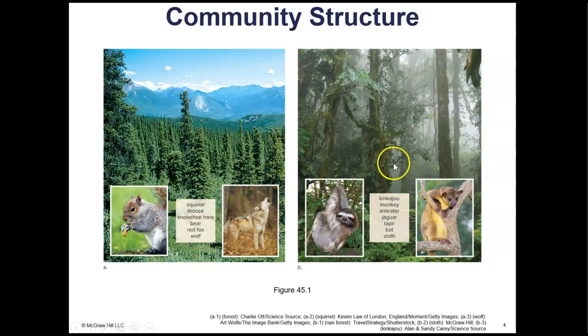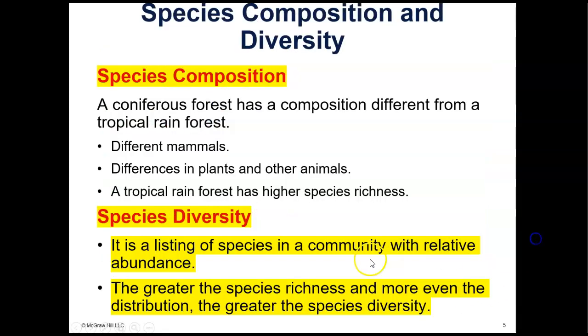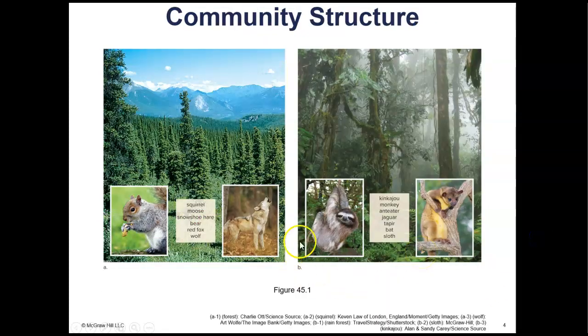Then you have the tropical rainforest, and this animal on the right is called a kinkajou, I guess is how you say that. I'm really not sure. Maybe you could Google the pronunciation if you wanted to know. I'm not familiar with it. But I am familiar with a sloth, and you see the sloth here on the left.